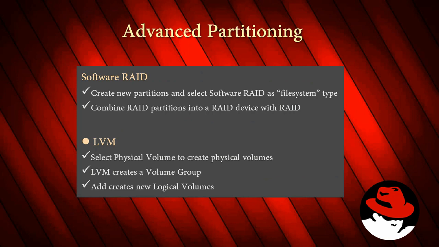We select the physical volume, the logical volume manager, to create physical volumes. LVM creates a volume group. It adds creating logical volumes. We have to create first a physical volume, then logical volume has been created. We have already learned about this.